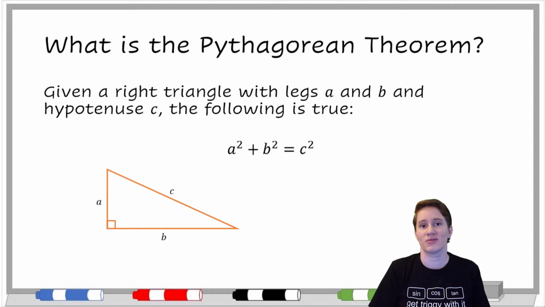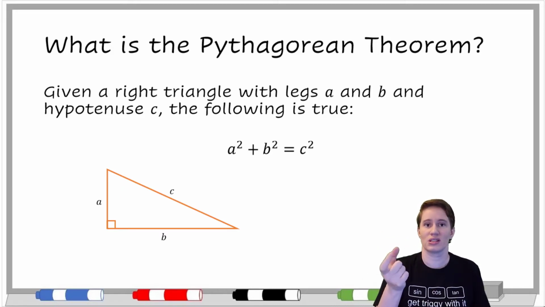So we define the sides of a right triangle as legs and a hypotenuse. The legs are basically the sides that are not the hypotenuse. The hypotenuse is the side that is directly across from the right angle, and it is also the side that ends up being the longest, because in triangles the biggest angle and the biggest side are across from each other, and the smallest angle and the smallest side are across from each other.